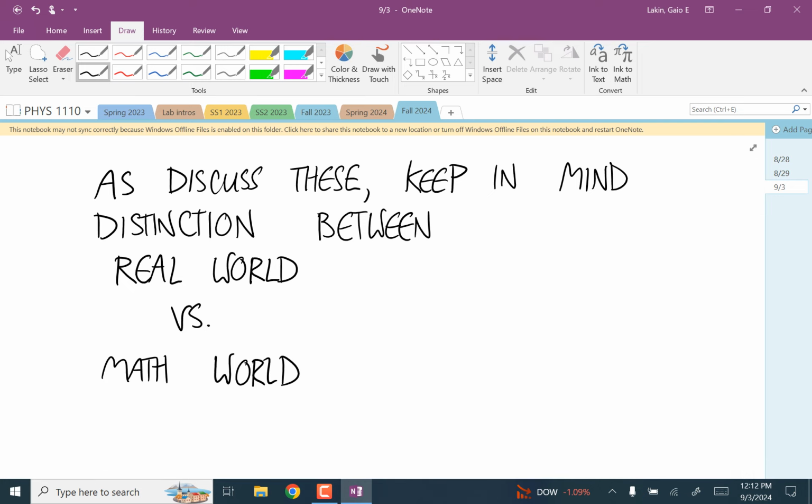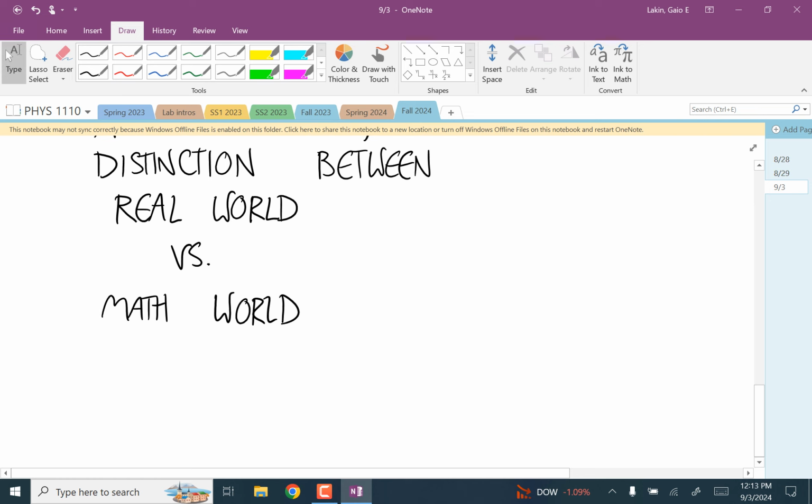Okay. So on real world, I'm going to talk about this in terms of stickers that you actually can imagine applying to things. And in the mathematical world, we're going to be dealing with graphs mostly.